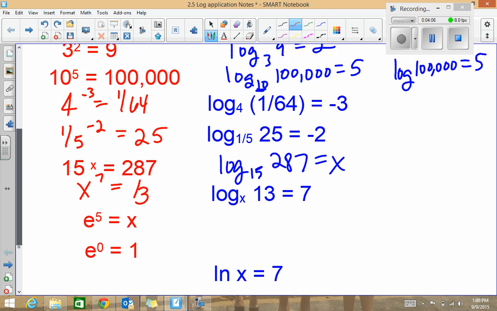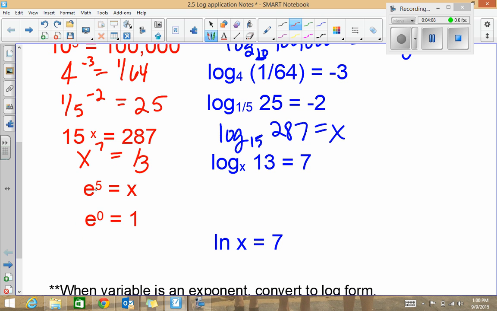Okay, moving right along. Now, e to the 5th equals x. Again, that's telling us we're going to use a natural log, because remember, log base e is the same thing as just ln. So it's kind of a shortcut. You don't want to use log base e, you want to use ln instead.